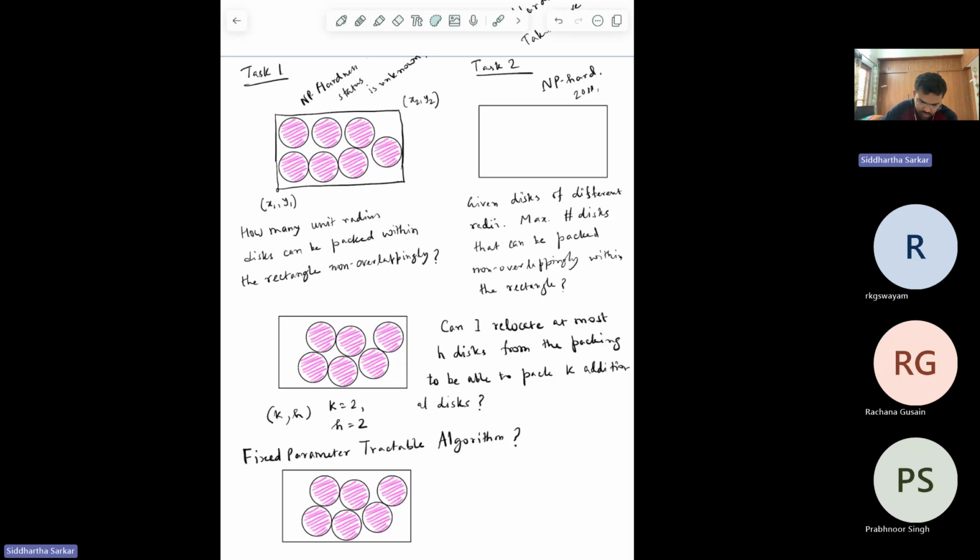Let us say there was more space here, this guy was here and this guy was here. So I can move these 2 disks down.